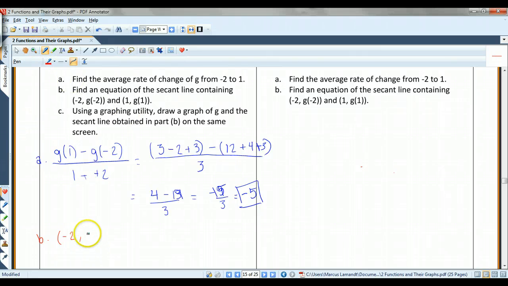If I plug in negative 2, I get 19. Okay, so we need to figure out the equation of the line containing these 2 points.